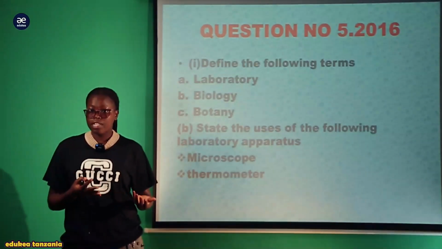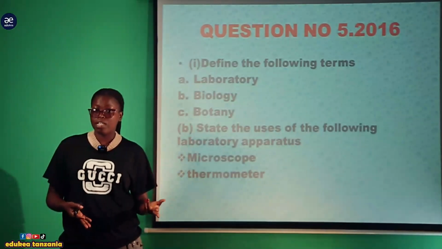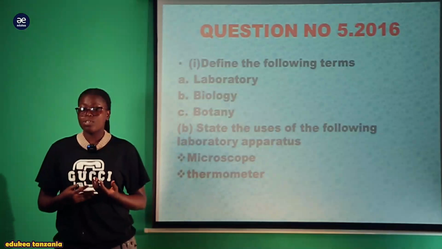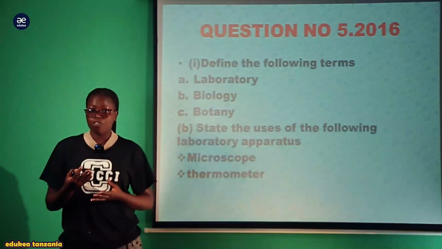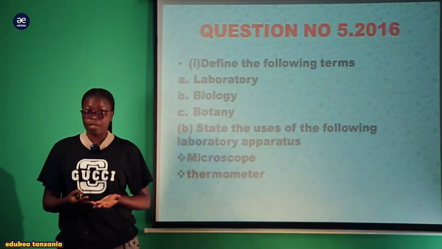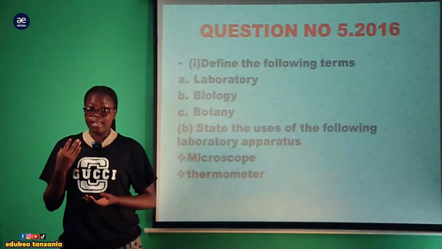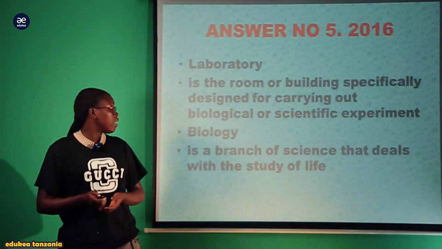Practice ambayo inakuwa ina involve heating, kwa mfano unaweza kuambia kwamba heat mpaka katika temperature fulani, temperature 70, temperature ya 60. So the main function ya thermometer ni katika kuweza kupima the temperature during the performing of the biological experiment.